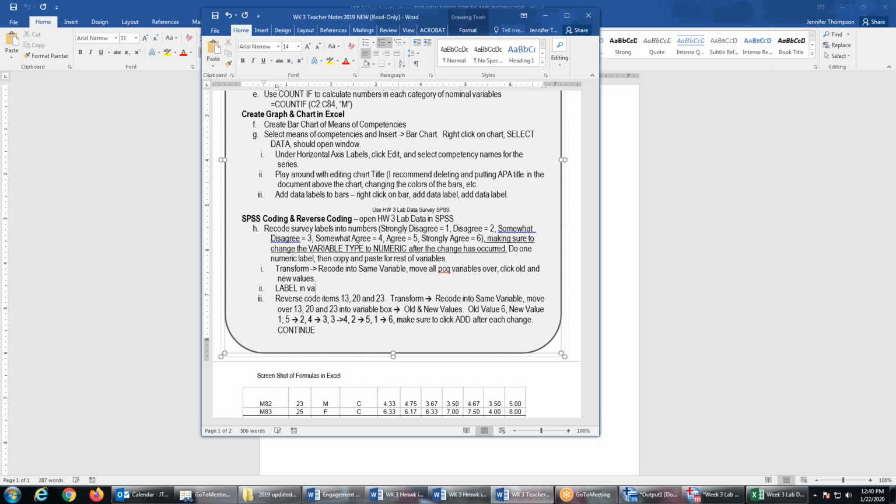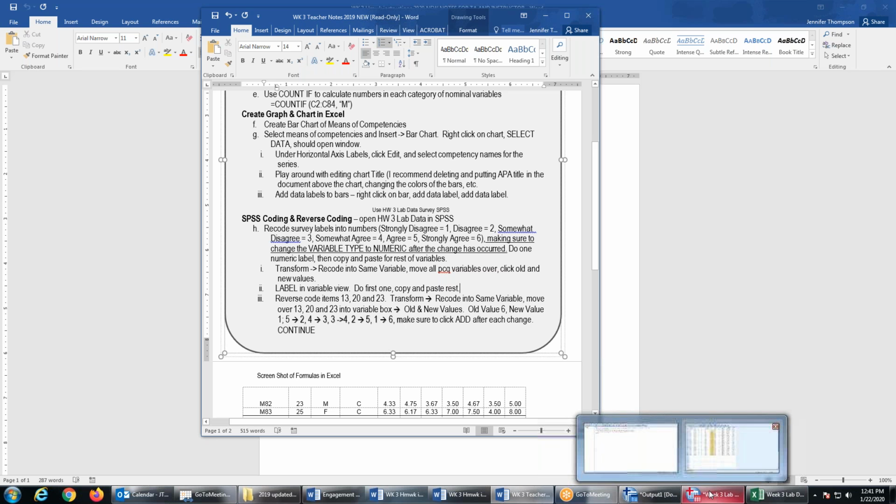Label and variable view. Do the first one, copy and paste the rest. Then reverse code 13, 20, and 23.